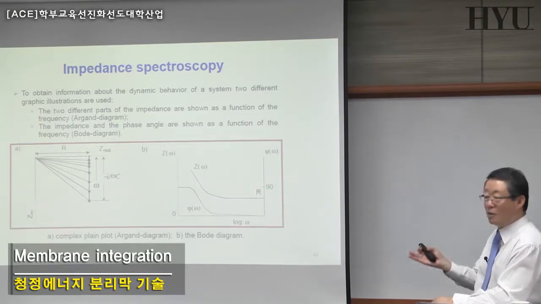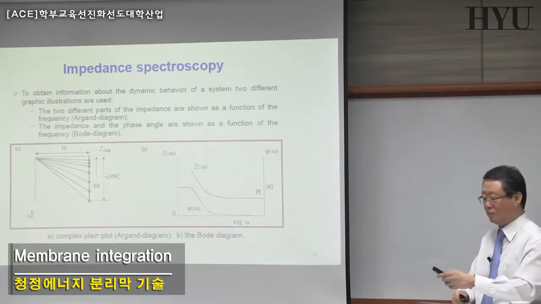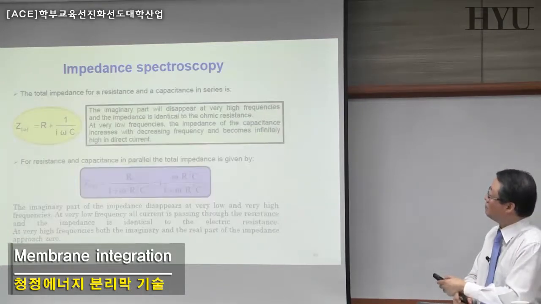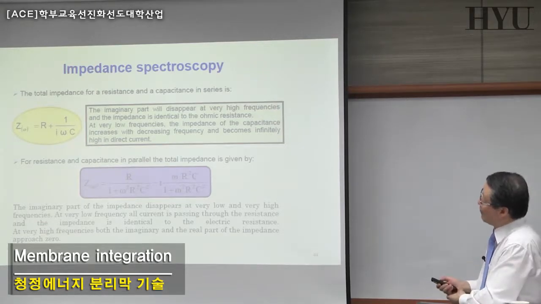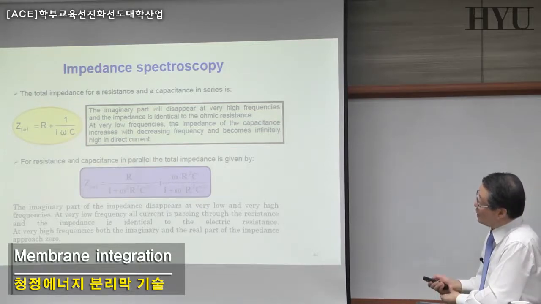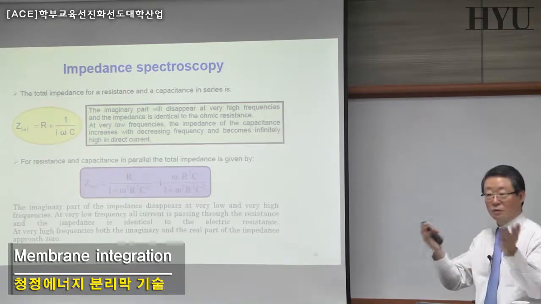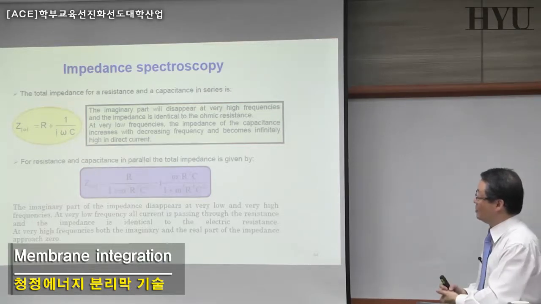Both can be effective in impedance spectroscopy. So the total impedance, the overall impedance, can be described as having a real part, which is the resistance, and the capacitance. Both of these contribute to the total impedance that we measure from impedance spectroscopy.